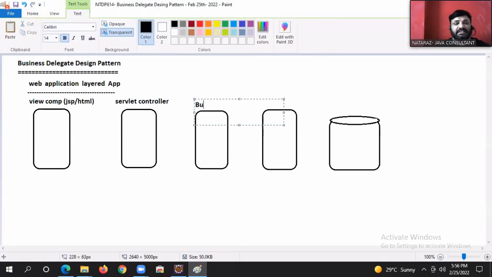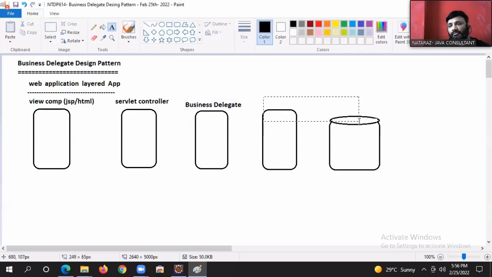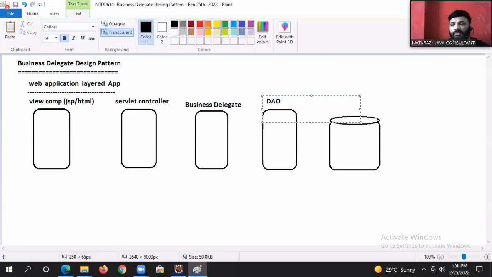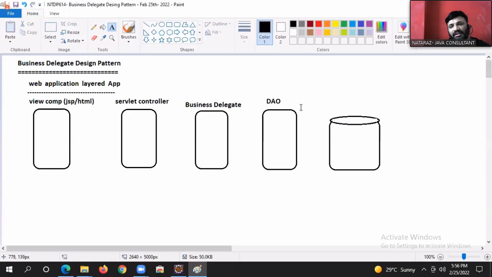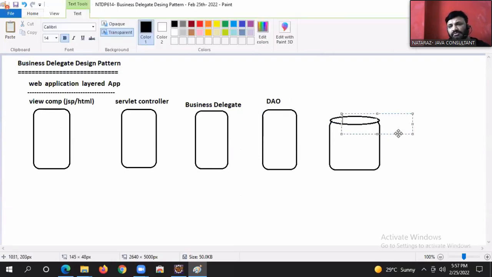Next, business delegate. At the Spring level this is called the service class, but here it is called business delegate. As usual, DAO. Here is my database software.